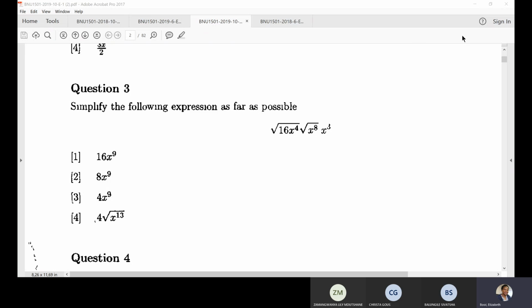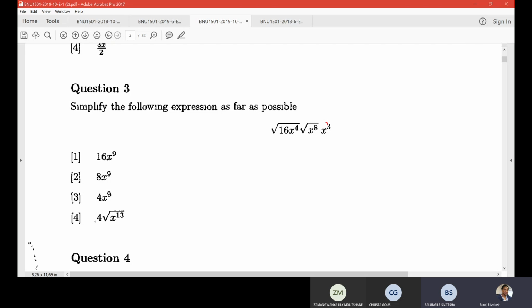So, for example, this says simplify as far as possible. So they give you here, I'm going to assume that that is to the power of 3. To simplify this, we can treat the numbers as the square root.